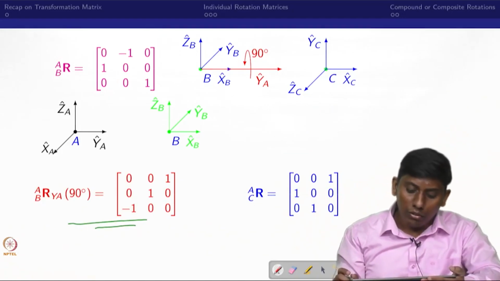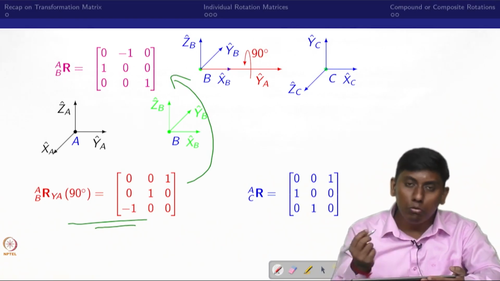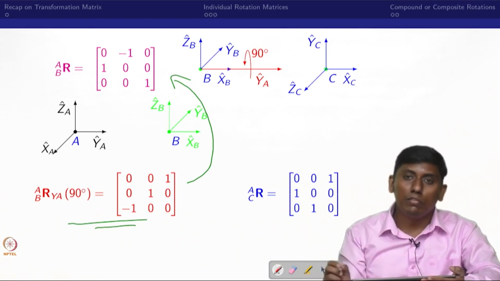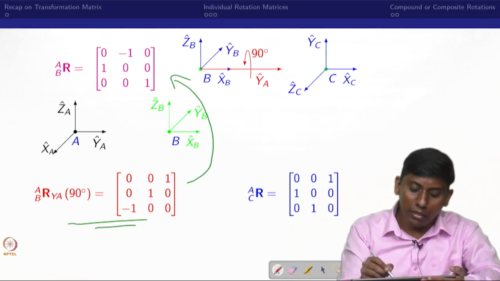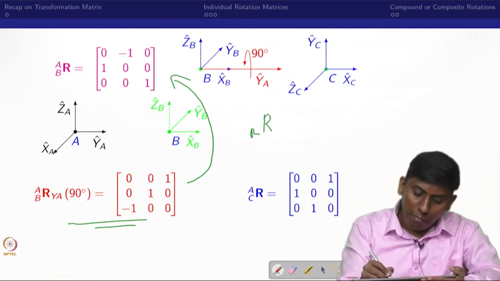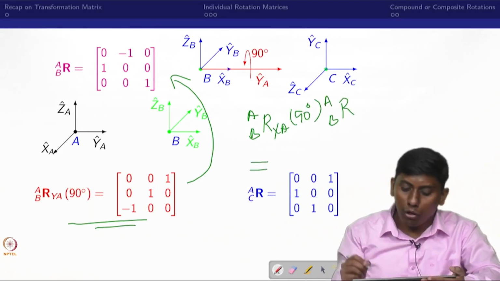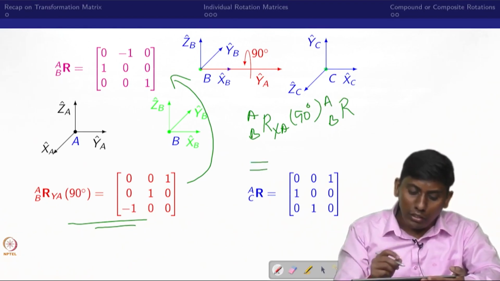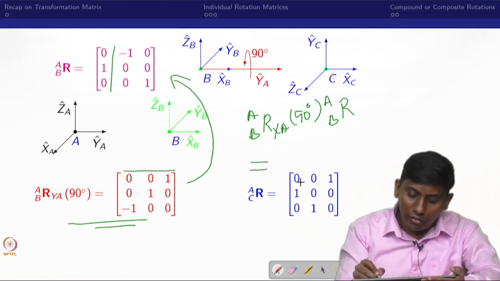So now, if I take these two matrices and use the rule, since it is rotated with respect to the fixed frame, I have to pre-multiply. In the sense, R_BA, Y_A rotated 90 degrees, multiplied with R_BA, whether it is giving this value or not. Fortunately you can see, this is first and you multiply, you can see this 0.